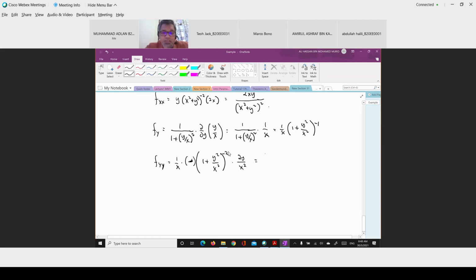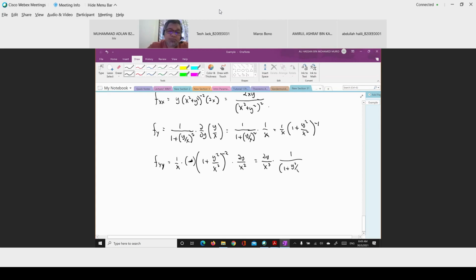This is the same as 2y over x cubed times 1 over 1 plus y squared over x squared to the power of 2.